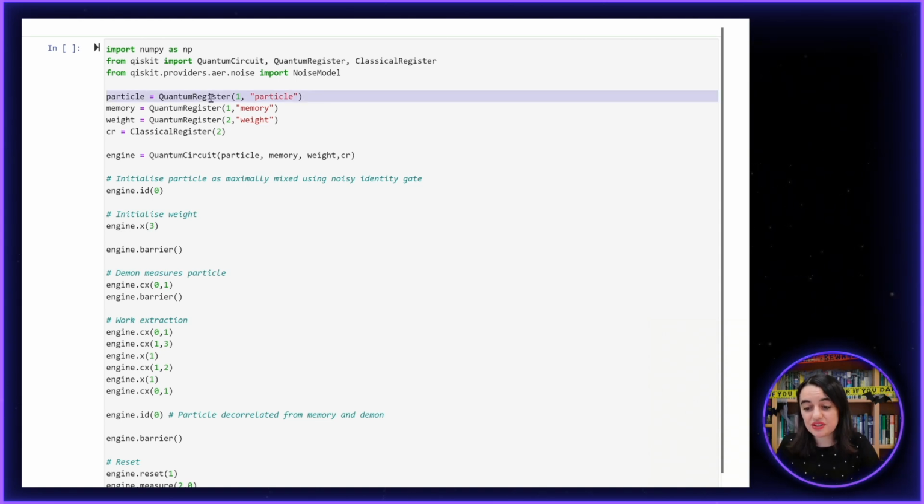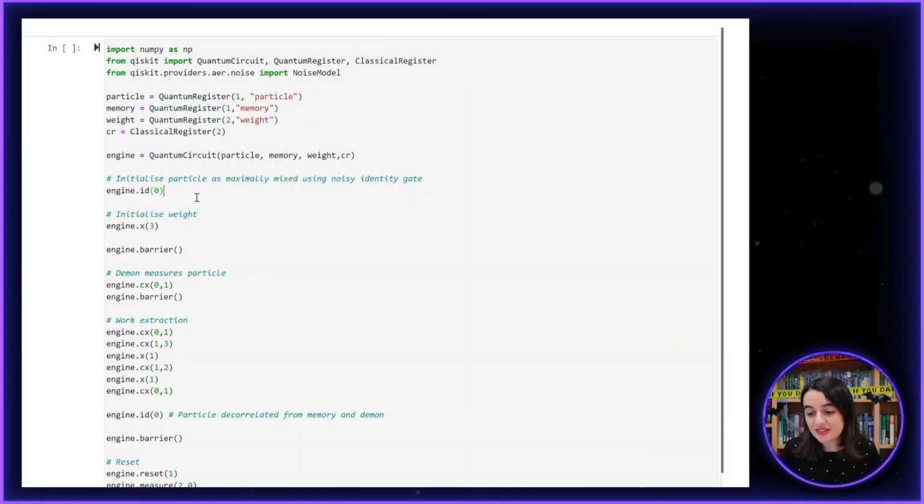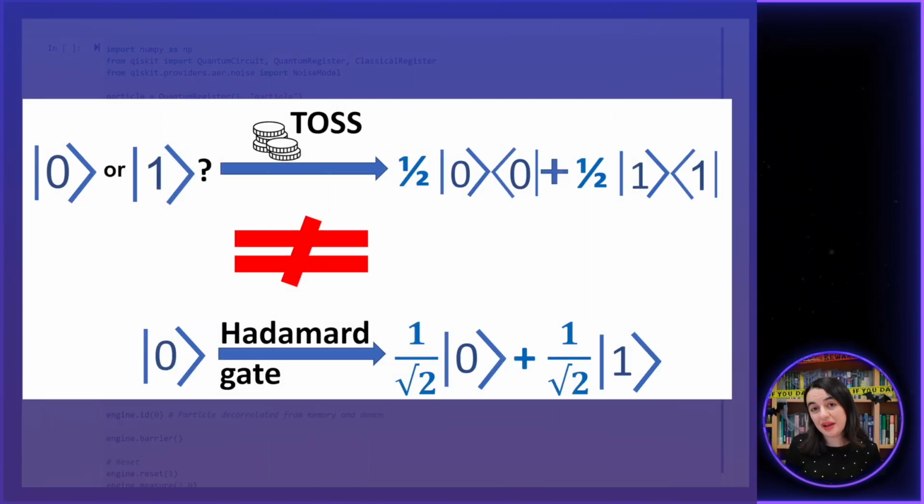So I'll introduce a qubit for the particle, and what I'm going to do is have this qubit start off in a maximally mixed state. Maximally mixed states are what you get if you flip a coin to decide whether to prepare your qubit as a 0 or a 1. So it's the most random state possible. It's different to a superposition state of 0 and 1.